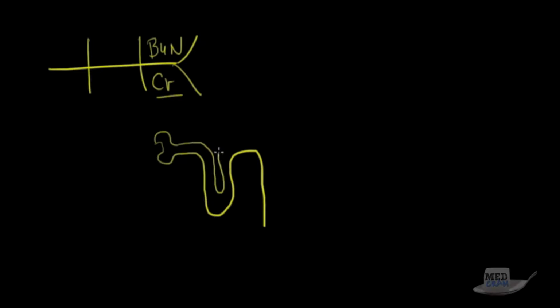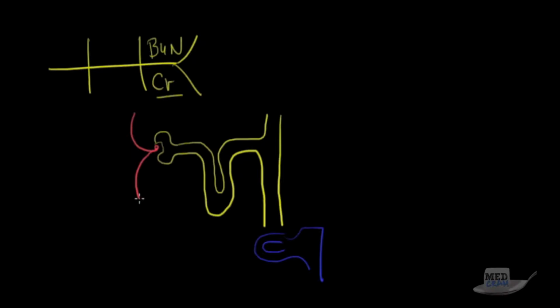That's the loop of Henle, that's the distal convoluted tubule, the collecting duct, and you've got the toilet down here. And you've got the afferent and the efferent arterioles. And remember what we said about the BUN.